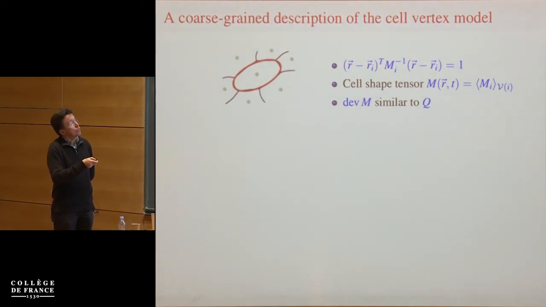And this allows to construct a tissue scale, so a macroscopic cell-shaped tensor, which I call M. The anisotropic part of this tensor is in fact similar to the elongation tensor that we discussed before. I say similar and not equal because the dimensions are not the same, so the Q that I had been using before is dimensionless, whereas M has dimension of square length due to its definition here.